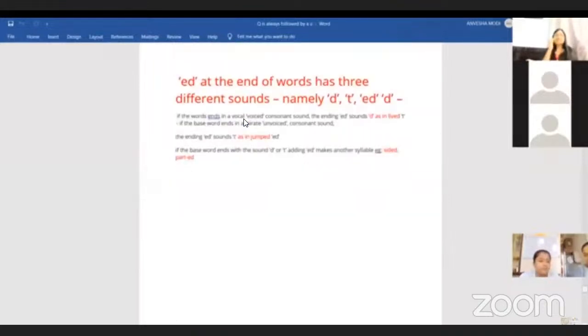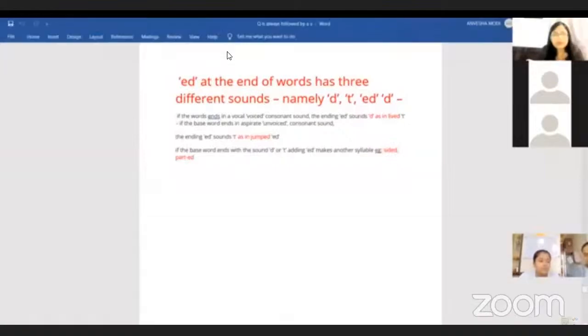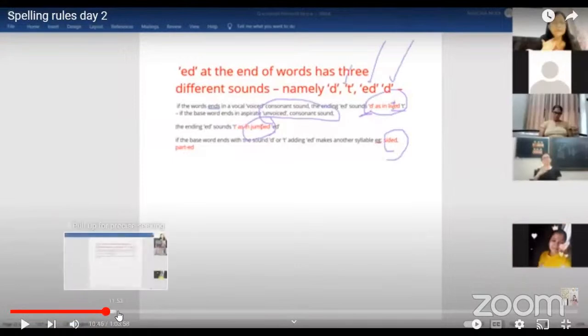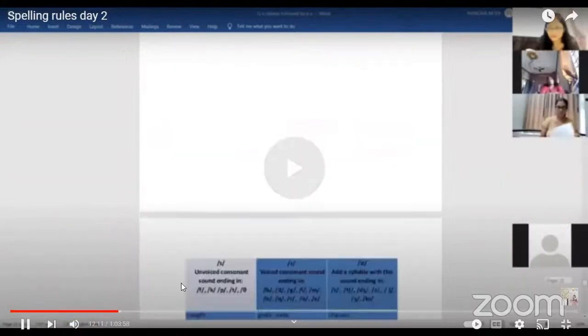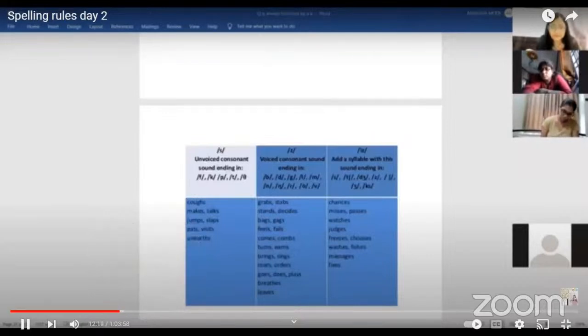Now ED at the end of a word has three different sounds, namely D, T, or ID. This we have already done. What are voiced consonants and what are unvoiced? See here, these are voiced consonants and these are unvoiced consonants.